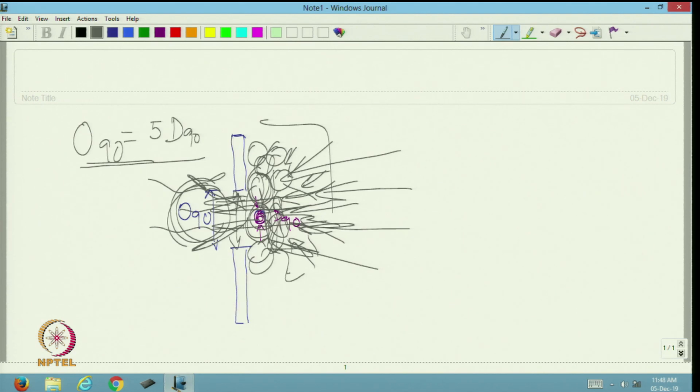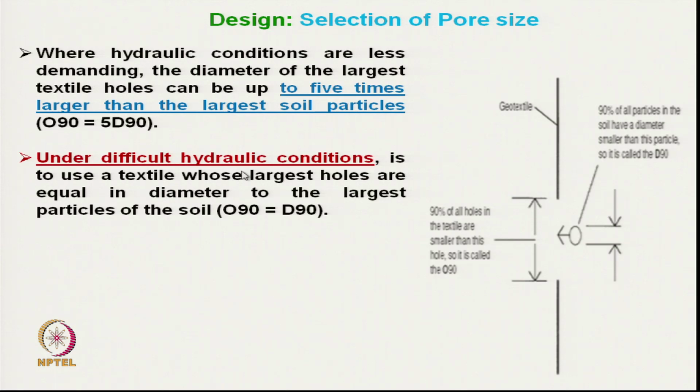So, for harsh condition we have to select the lower pore size, that means O90 is approximately equal to D90, for harsh condition where there is a wave and under difficult hydraulic condition.